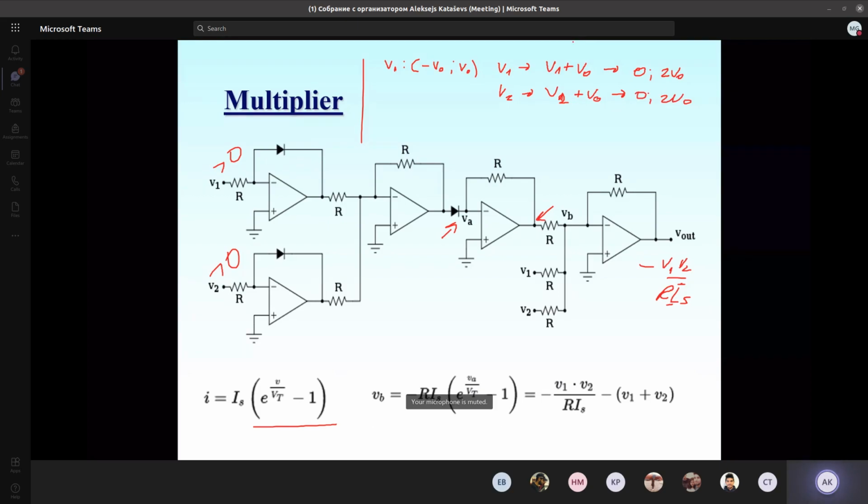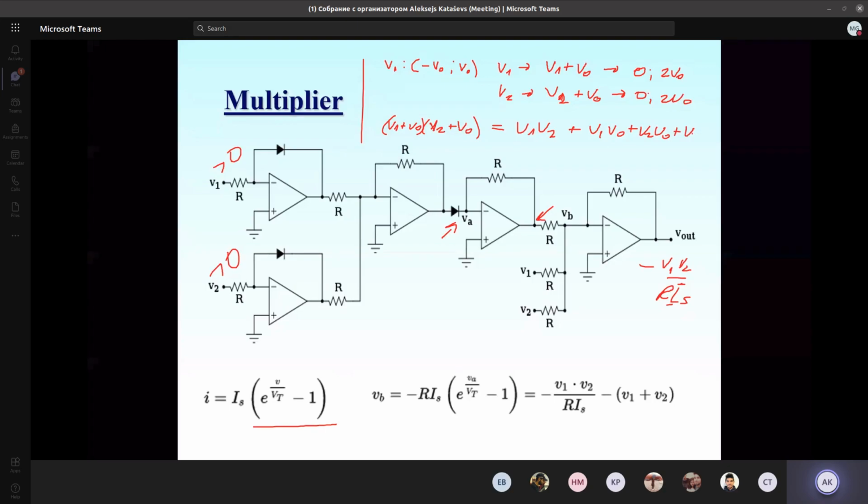Then let's see what happens if we multiply these two already transformed voltages using these multipliers. We get V1 plus V0 times V2 plus V0, which gives us the product V1 V2 plus V1 V0 plus V2 V0 plus V0 squared.